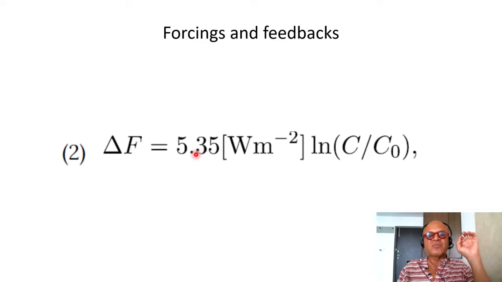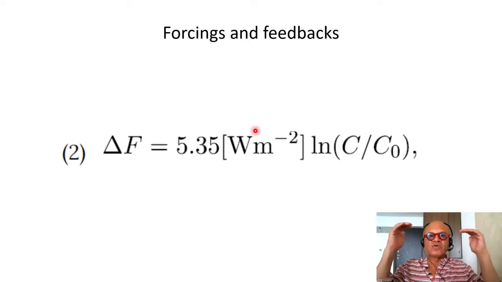There is a constant 5.35, which has units of watts per meter squared, multiplied by the natural log of C over C0, where C is, let's say, carbon concentration or greenhouse gas concentration when converted to CO2 equivalent, divided by C0, which is a reference. So let's say at the beginning of the Industrial Revolution we were around 280 parts per million by volume, and we are now at 420 some. So the radiative forcing created by the greenhouse gases we have added till now is given by this.